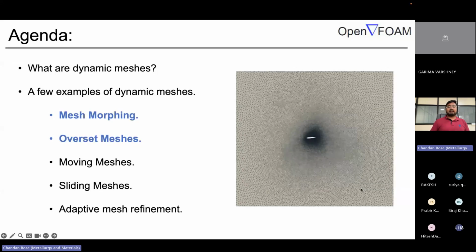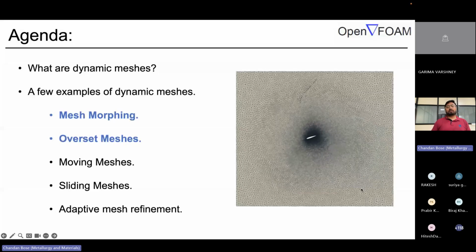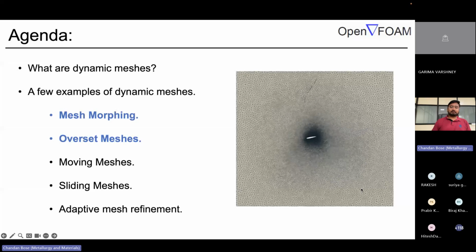These are the five major classes of dynamic meshing strategies available in the object-oriented programming of OpenFOAM. Due to the restriction of time, I will mostly talk about mesh morphing and overset meshes, but I will show you some glimpses of the other three types.